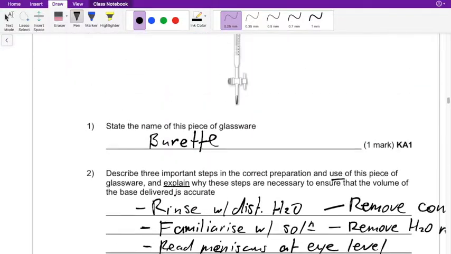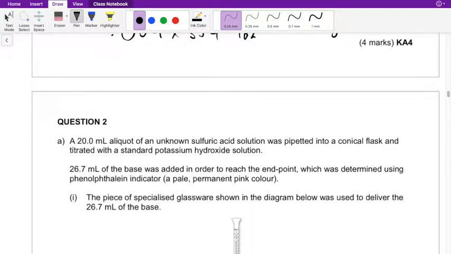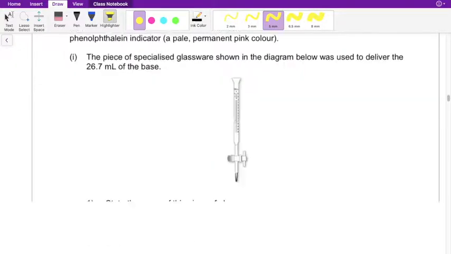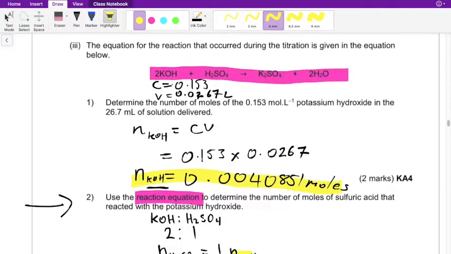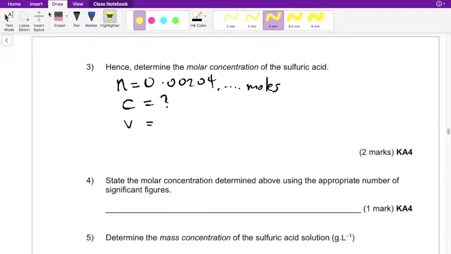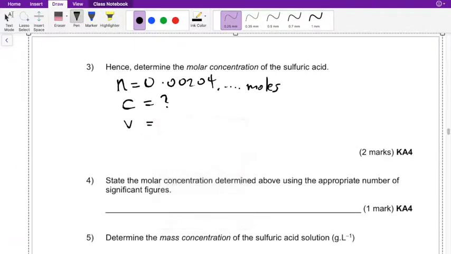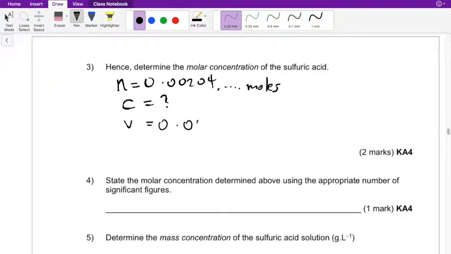So if we go back up and read the question, we're told that a 20 ml aliquot of sulfuric acid solution was pipetted into a conical flask and then titrated against. Therefore, our volume of acid is 20 ml, which is 0.02 litres.